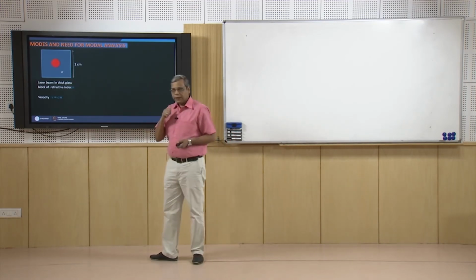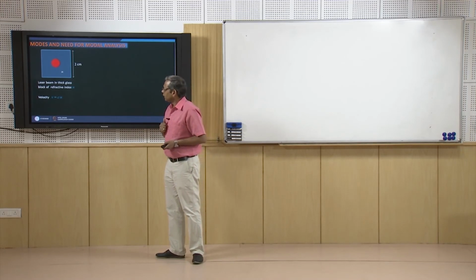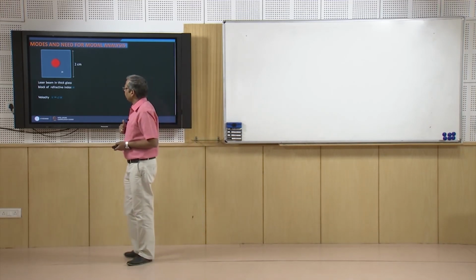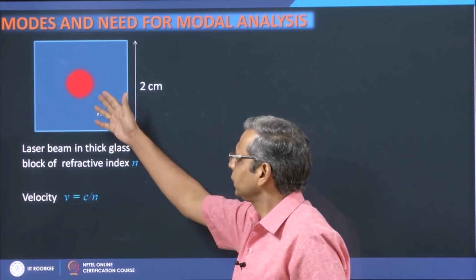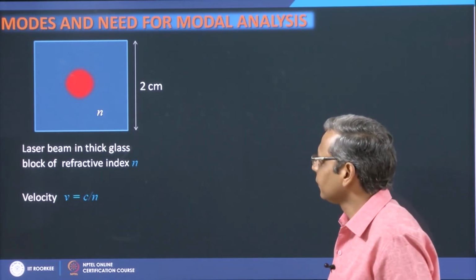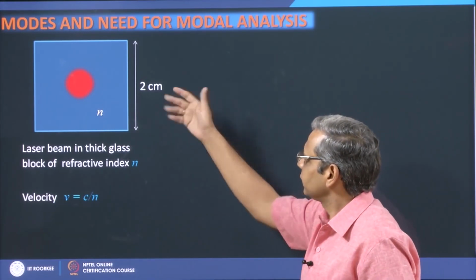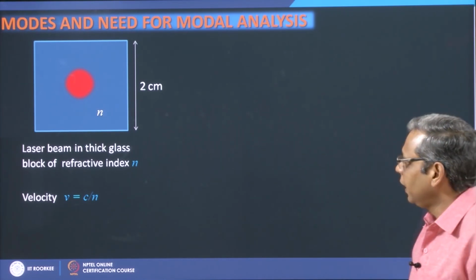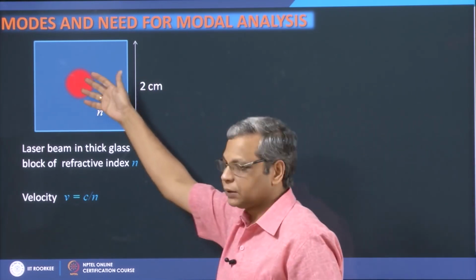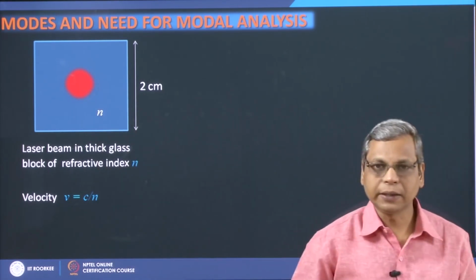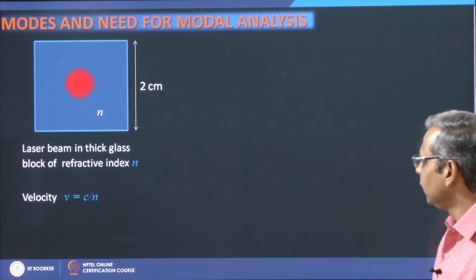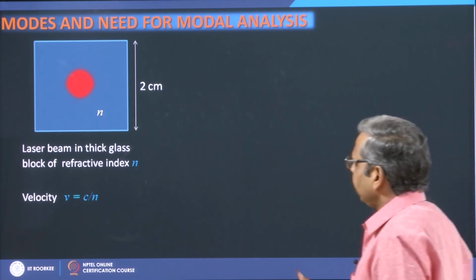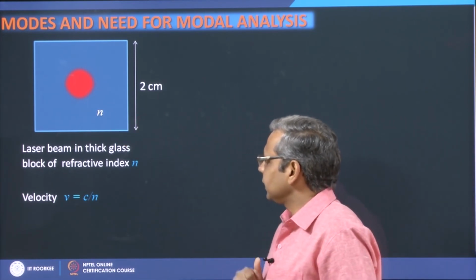Now let me take a laser beam and send it through a thick block of glass which is, let us say, 2 centimeter by 2 centimeter, and this laser beam has dimensions maybe 5 millimeter across, and the refractive index of this glass is n.